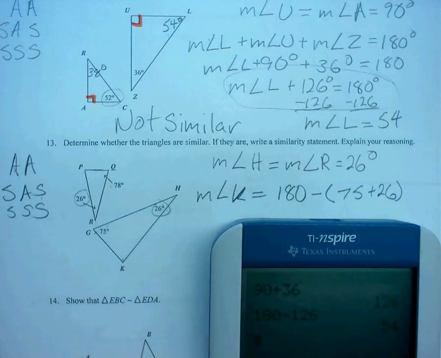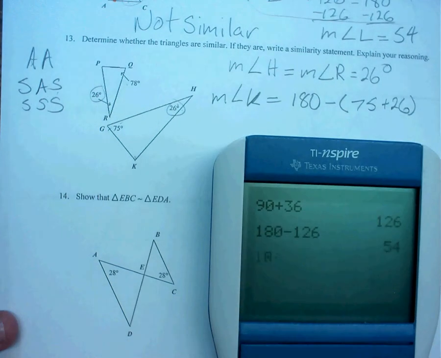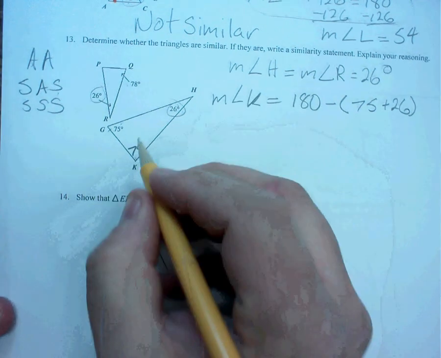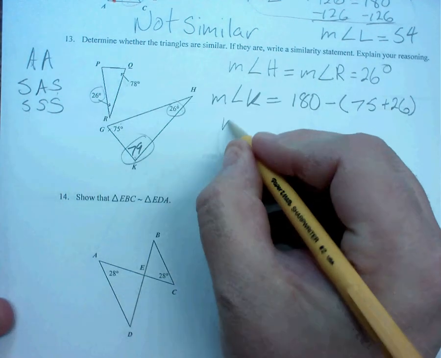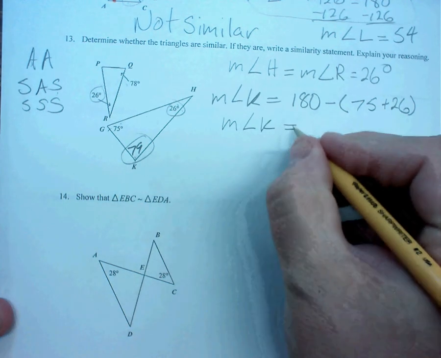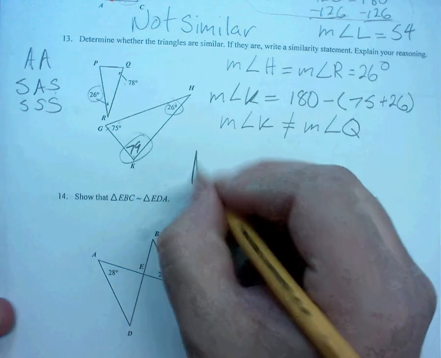So 180 minus, in parentheses, 75 plus 26, 79. So the measure of angle K, which is 79, does not equal the measure of angle Q. Not similar.